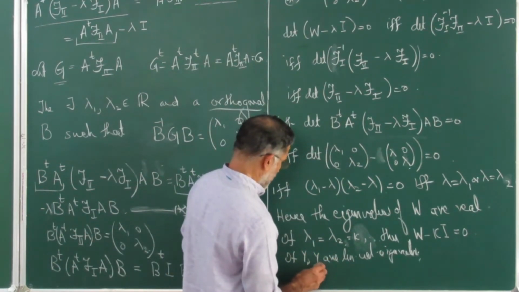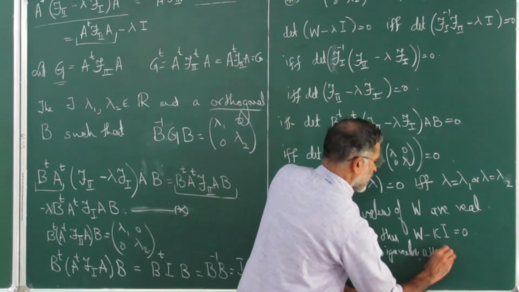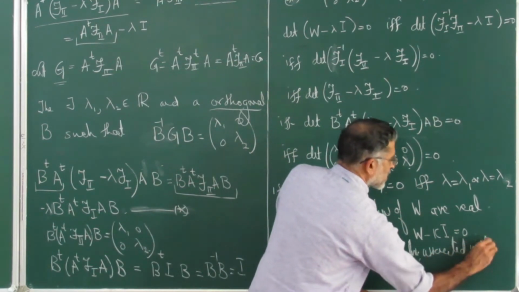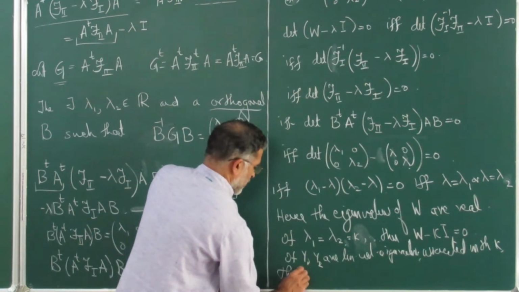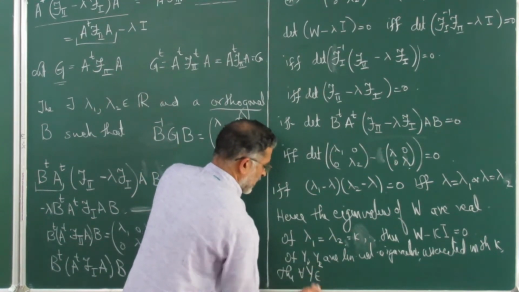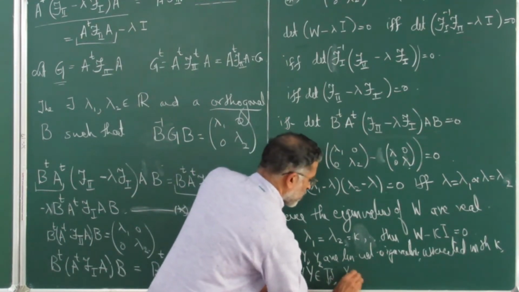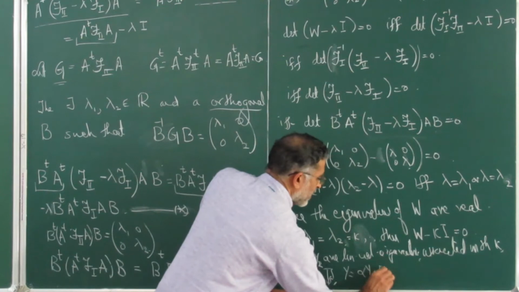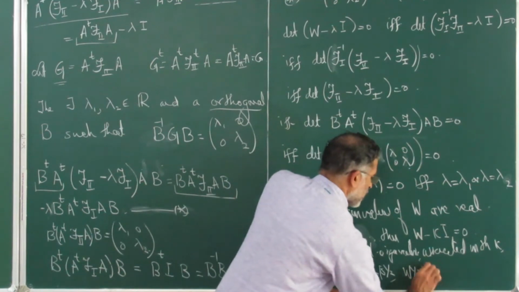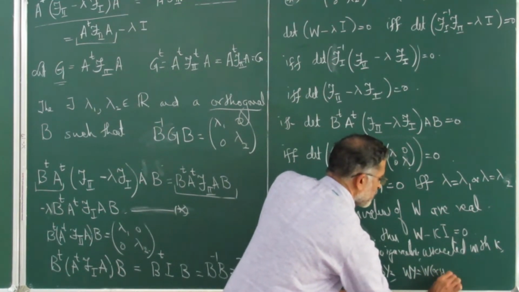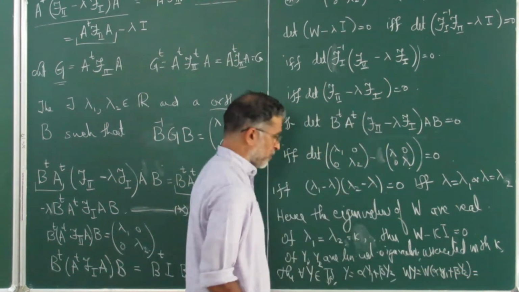y1, y2 are linearly independent eigenvectors associated with kappa. Then if you take any vector, for every y in the tangent space, y is equal to alpha y1 plus beta y2, and Wy is equal to W of alpha y1 plus beta y2, and what is that going to be?